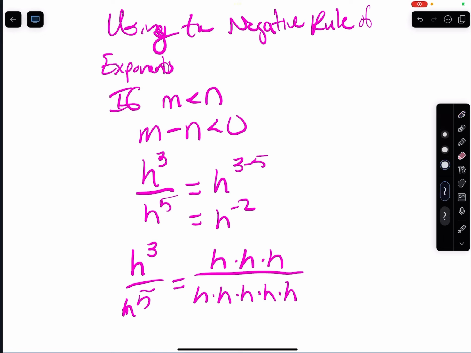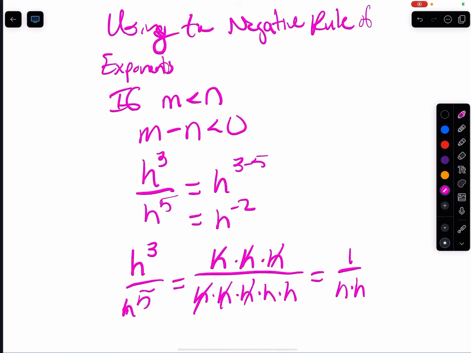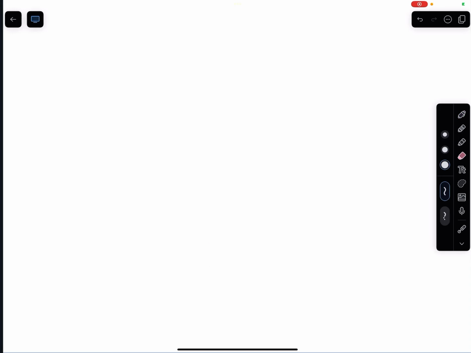So we can cancel those out until we're left with just 2 in the denominator, which is 1 over h times h, or 1 over h squared. So what have we found? We've done the exact same steps in simplifying, and we found that h to the negative 2 is the same as 1 over h squared.